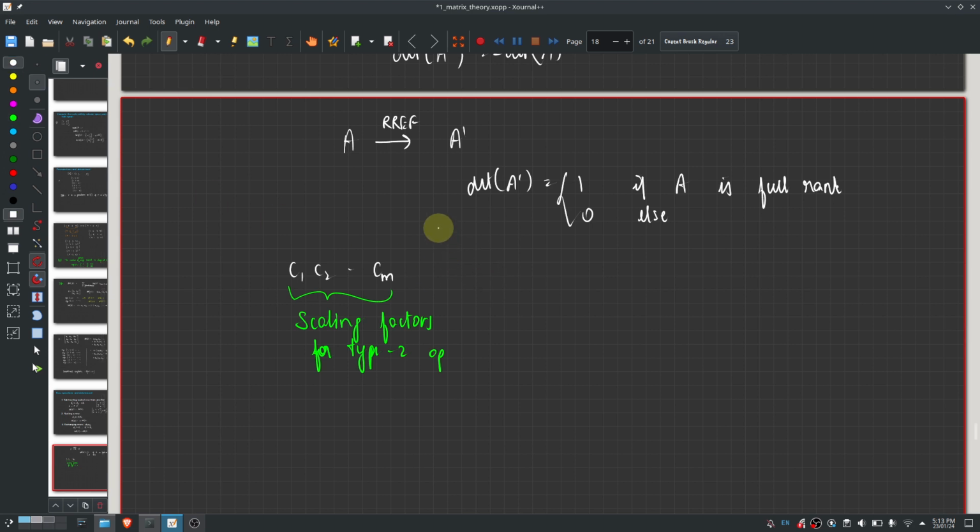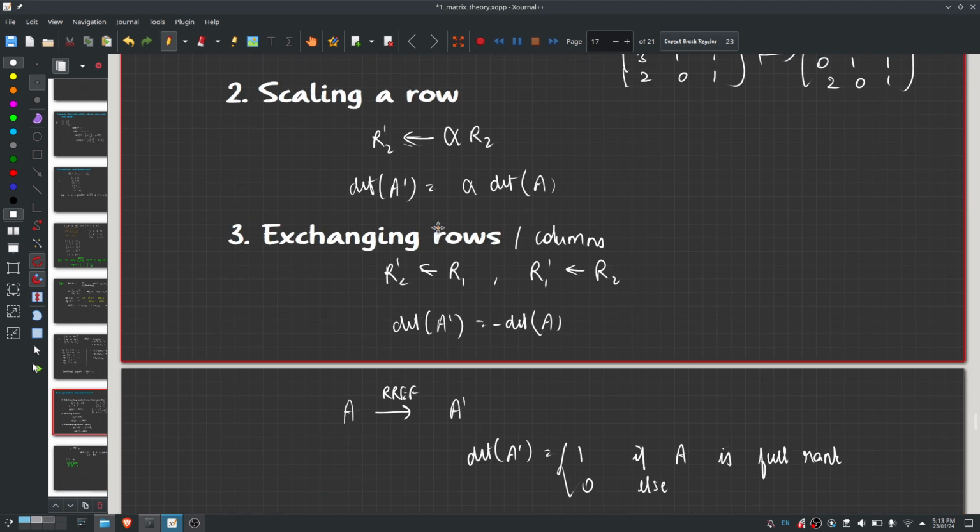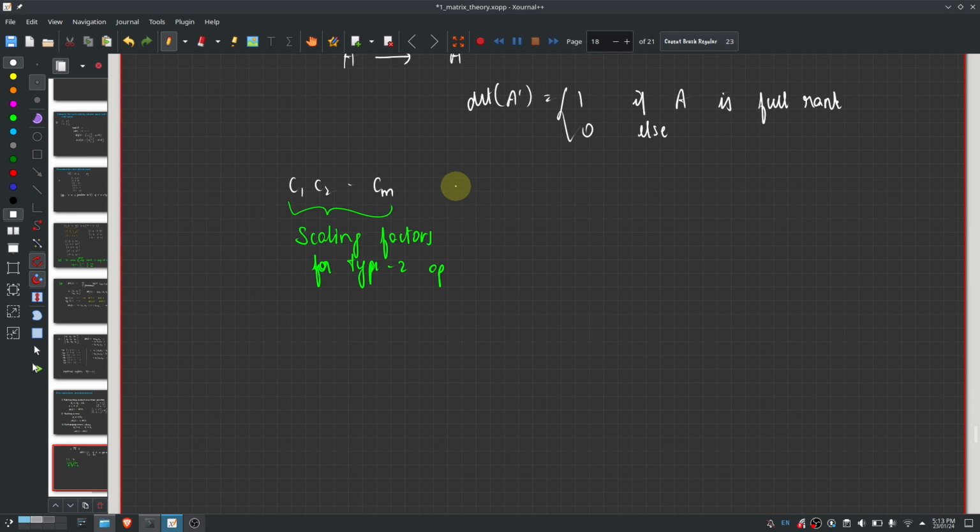I also need to keep track of how many type 3 operations I did, how many row swaps I had to do. But just the number is enough. If I performed an even number of row swaps, then the sign doesn't change. But if I performed an odd number of row swaps, then it does change. So it's minus 1 raised to the number of row swaps times the determinant of A, that would be equal to the determinant of A prime, correct?